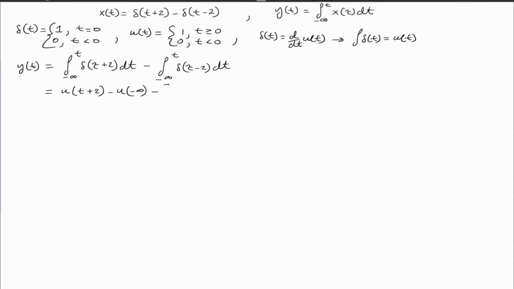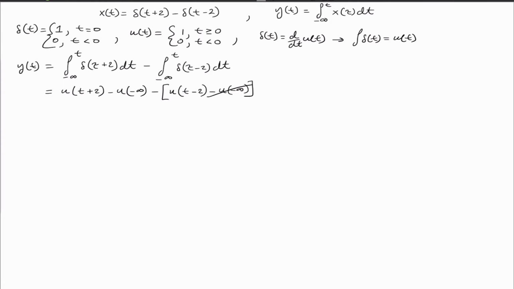u of negative infinity in this case is because when we take the limit at which tau becomes negative infinity, plus 2 is still negative infinity. We do the same thing for the other side, and we get u of t, where tau becomes t, minus u of negative infinity.